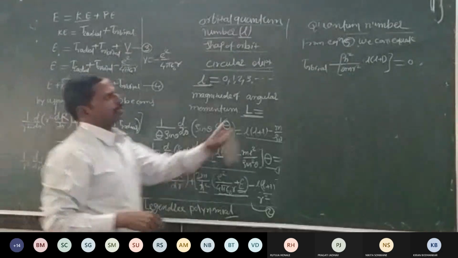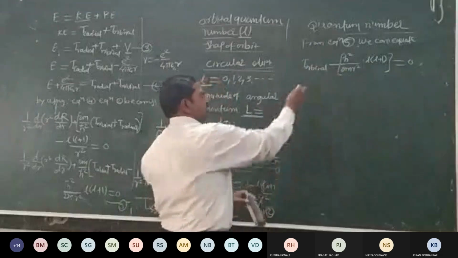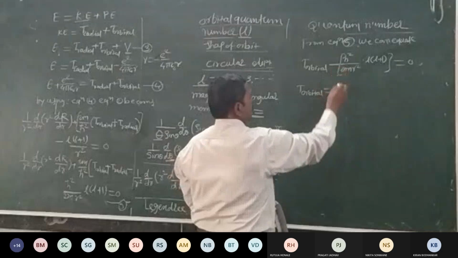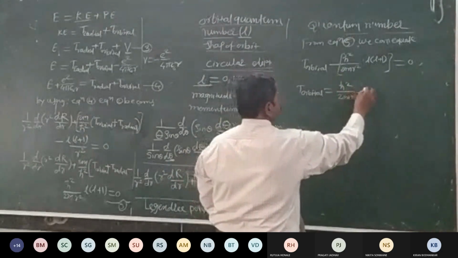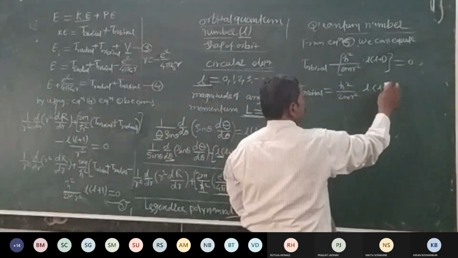Now first I take the orbital part. So T orbital is equal to h cross square upon 2m r square into L into L plus 1.